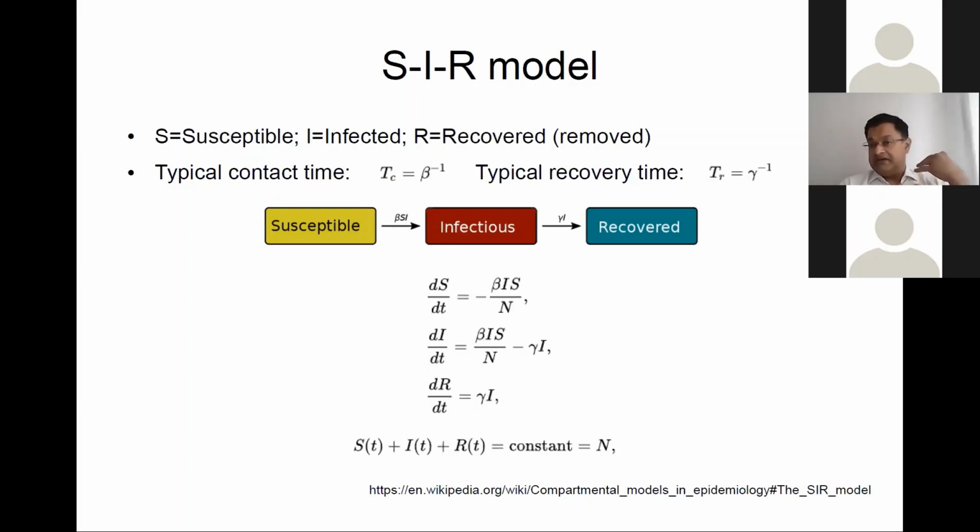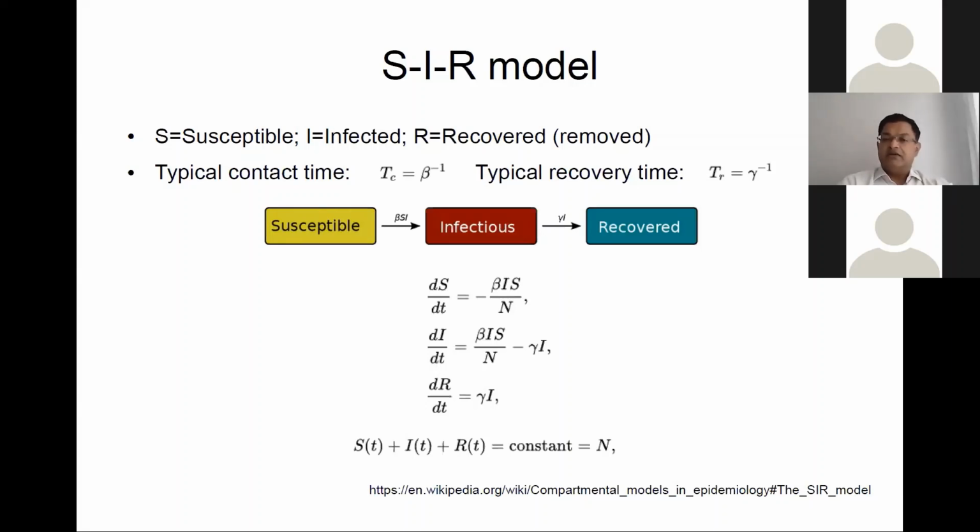At that point, they're either immune, or a small fraction will unfortunately be dead. So the R pool is going to include not only people who have recovered, but sometimes also the people that have been removed from the population entirely. So the R pool is going to be people who have passed through the infection onto the next stage. And typically, a large fraction of the people in SARS-2 will be in the recovered pool.